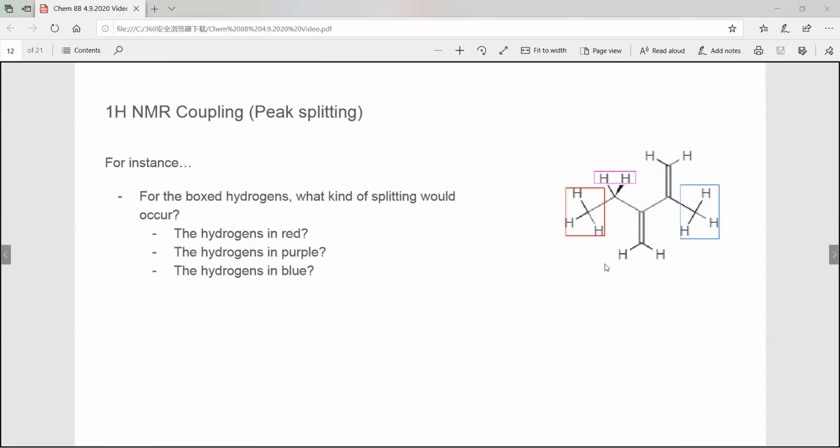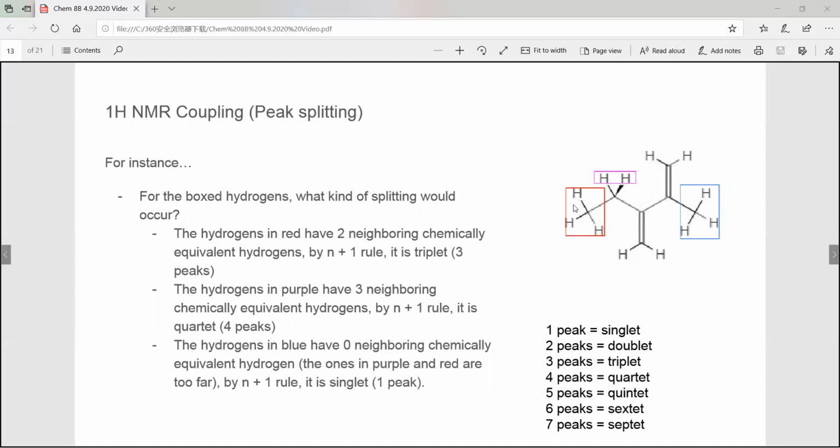Let's do a practice problem. For these hydrogens in boxes, what kind of splittings would we expect? Okay, so the hydrogens in the red box have 2 neighboring chemically equivalent hydrogens, the purple ones. The blue ones are too far away because they're more than 3 bonds away.